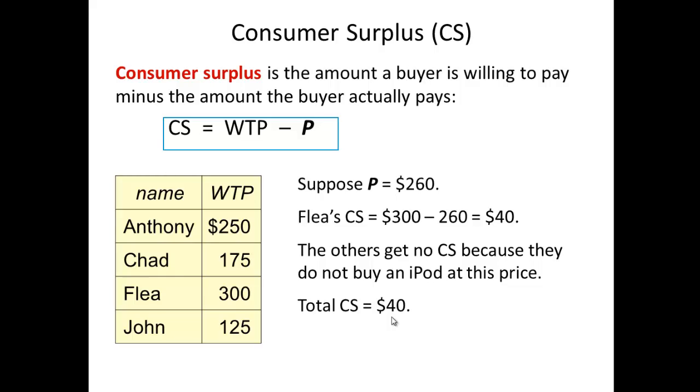In this case, we could look at Flea and ask why would Flea be willing to spend $300 for an iPod? Again, we can make some inferences about Flea, but at the end of the analysis, it makes no difference because we have to assume that Flea operates as a rational consumer.